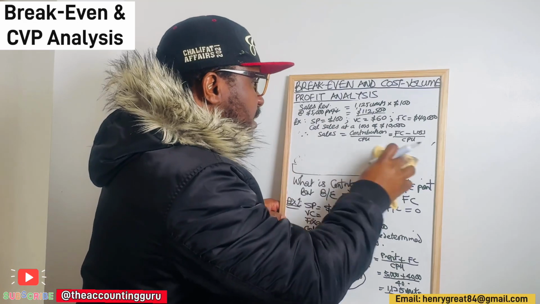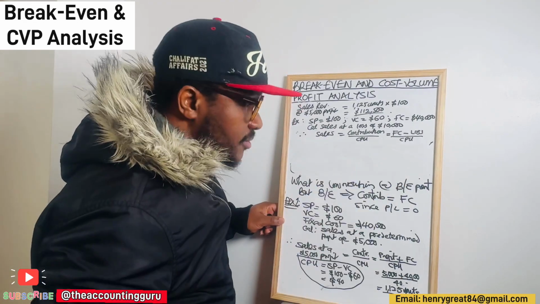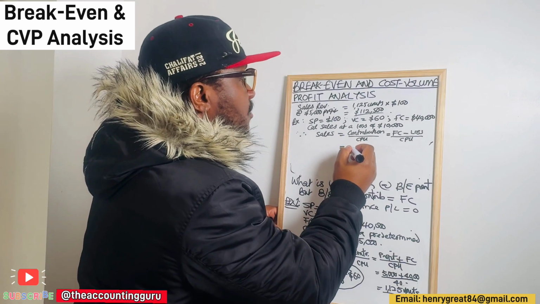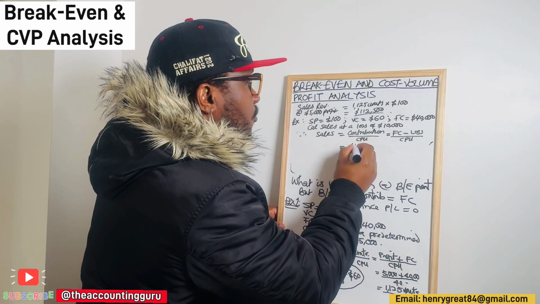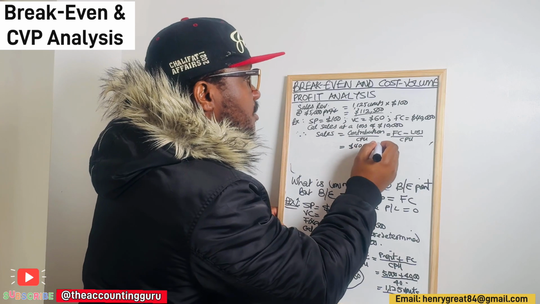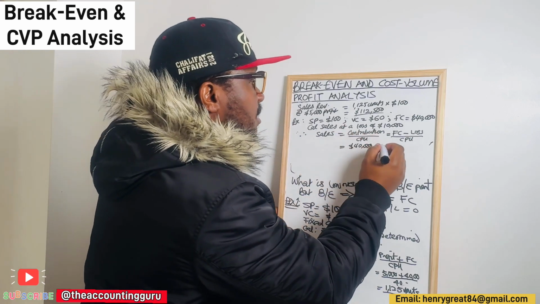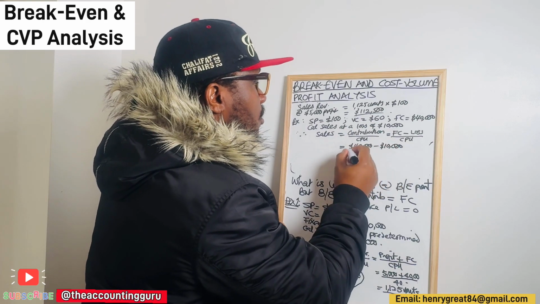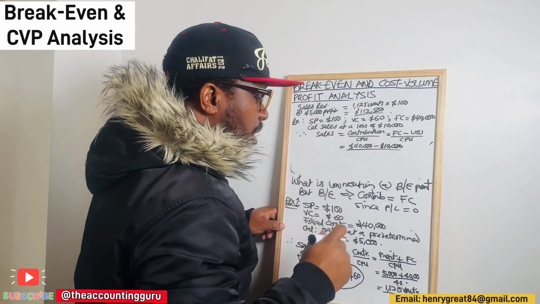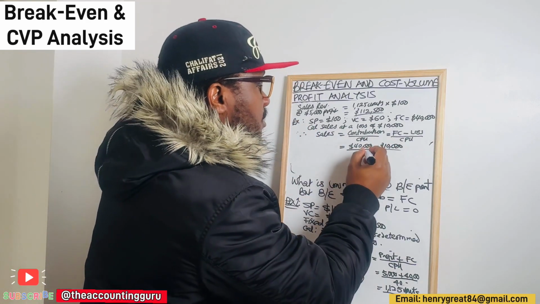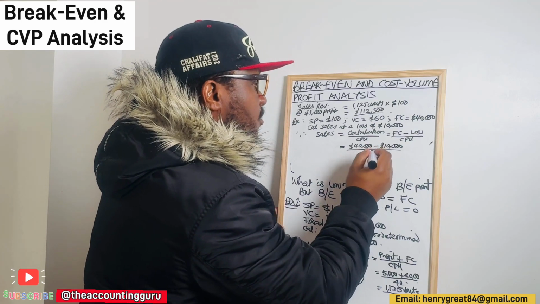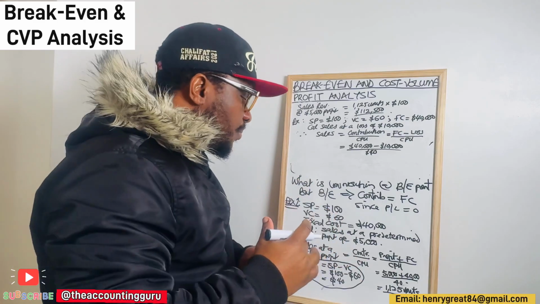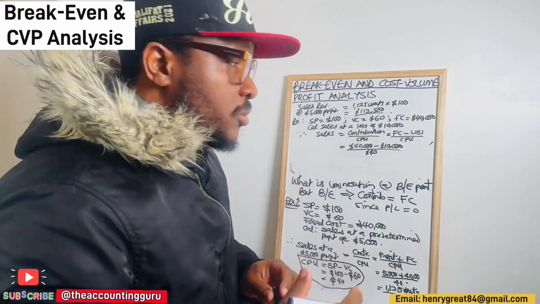So what do we have as our fixed cost? Fixed cost, like I said, is constant. Fixed cost is given to us to be $40,000. The loss given to us here is $10,000. We have the CPU calculated to be $40. Do not forget, CPU does not change unless there's a change in selling price per unit or variable cost per unit.